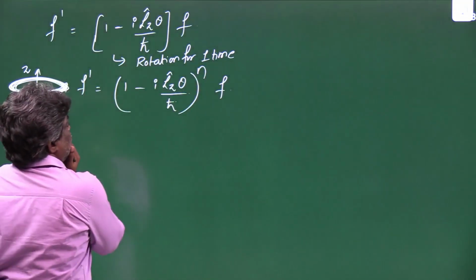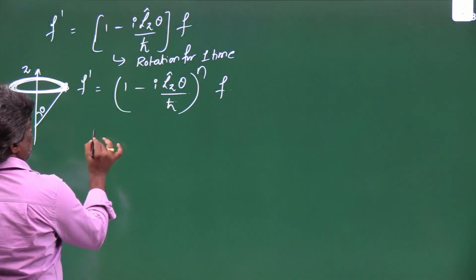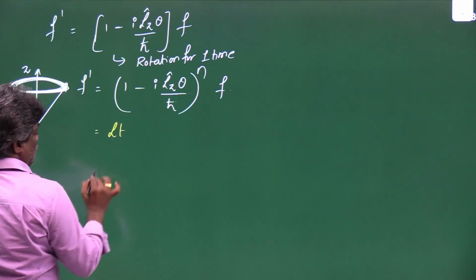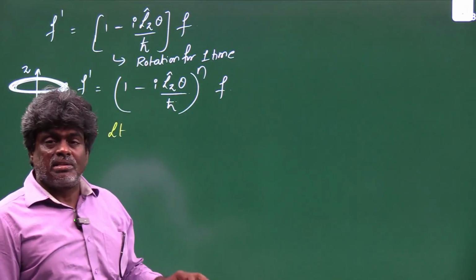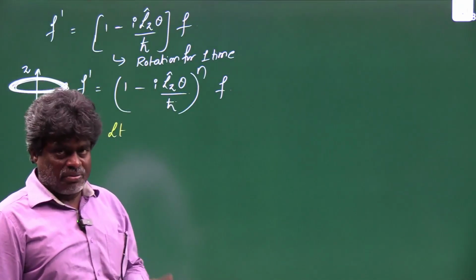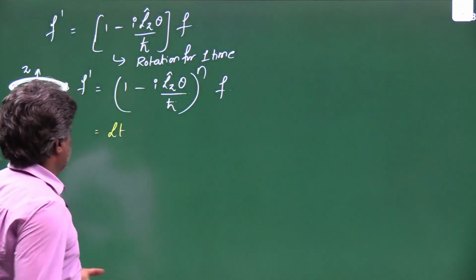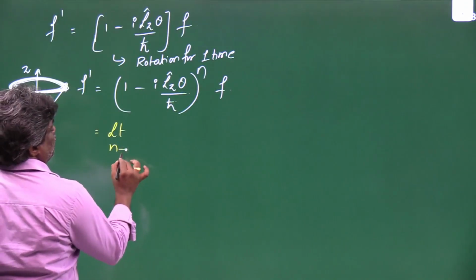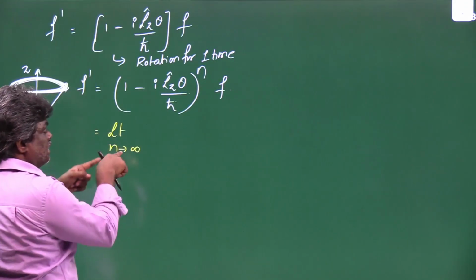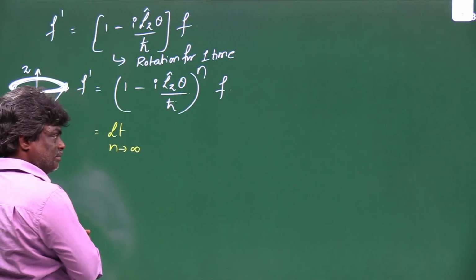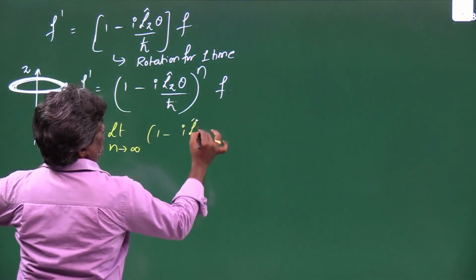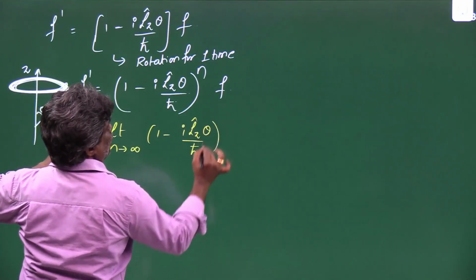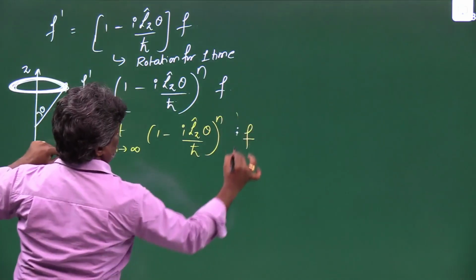Okay, now what we have to do: for 1 second, 10 to the power of 15 cycles means it is a very big number for us. So that's why we have to take n tends to infinity, that means under the limit n tends to infinity, 1 minus iota Lz theta by h cross whole power n into f.